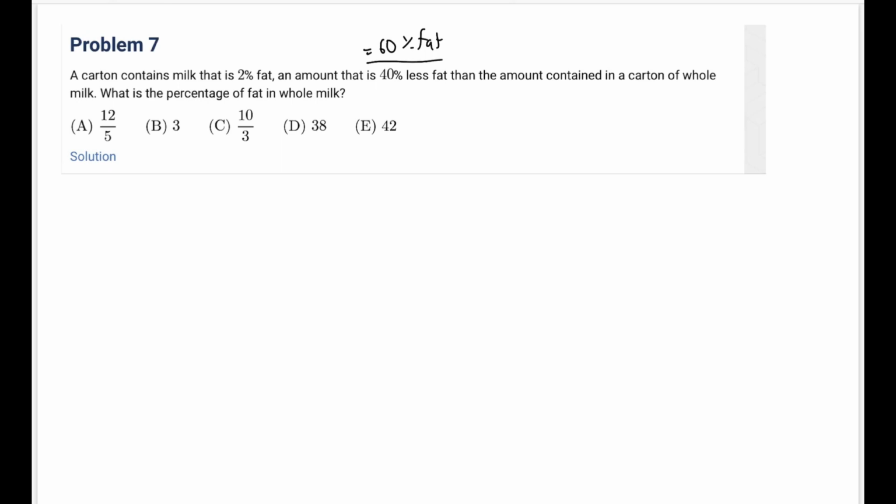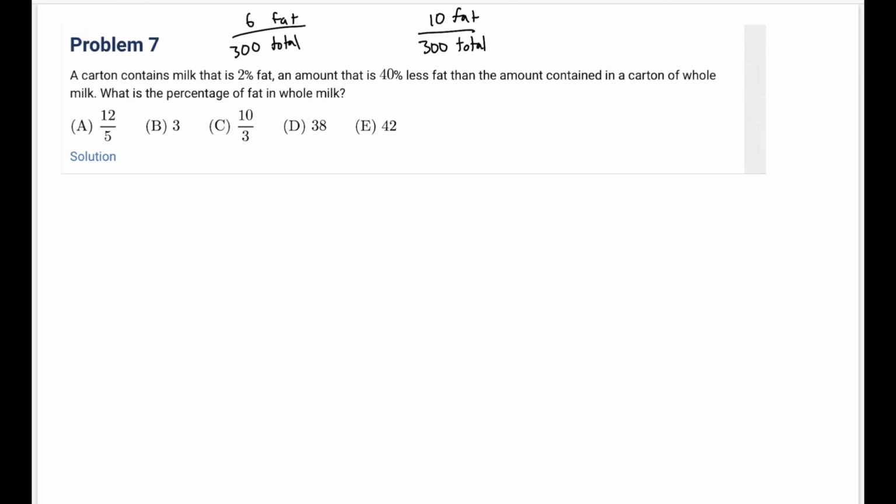To make the numbers prettier, let's just say that the milk has 6 of fat, and the total is 300. That way this will be 2%, right? But then this would be 40% less fat, right? So a carton of whole milk would be 10 fat over 300 total, right?